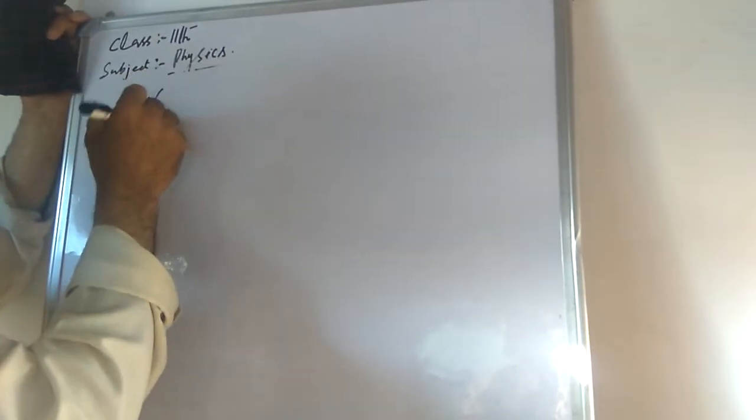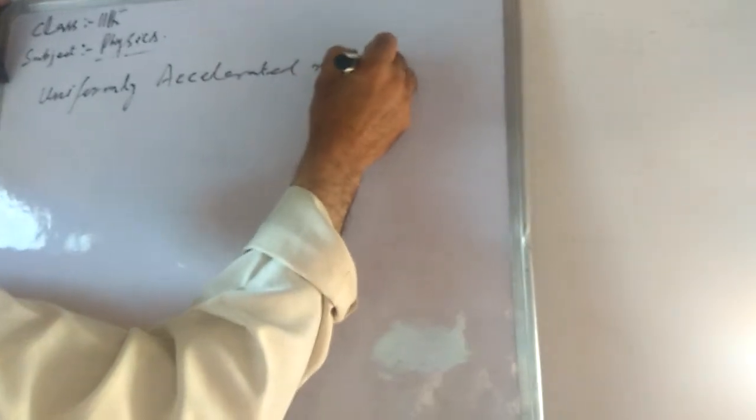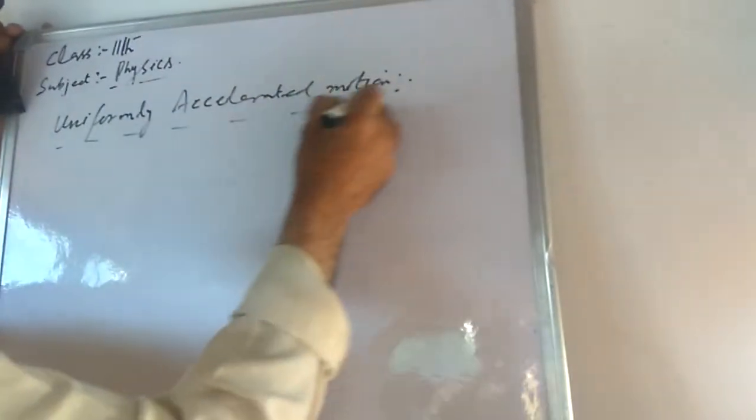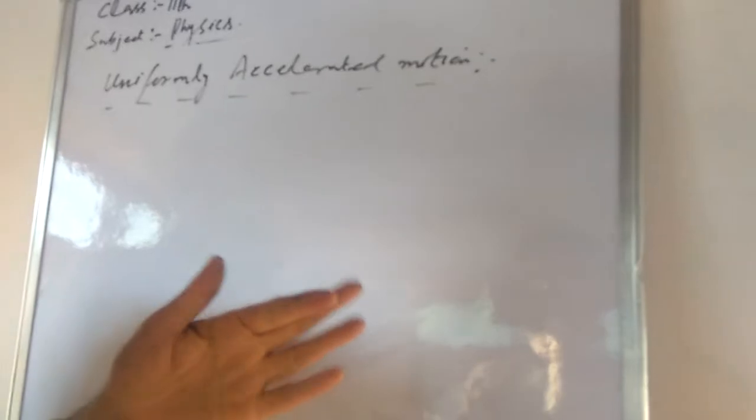Now, we can say this accelerated motion of an object is of two types, that is uniformly accelerated motion and non-uniformly accelerated motion. What is uniformly accelerated motion? Now, dear students, if the change in the velocity of an object is constant, we can say the body is having constant acceleration, and the motion of such a body is said to be uniformly accelerated motion.